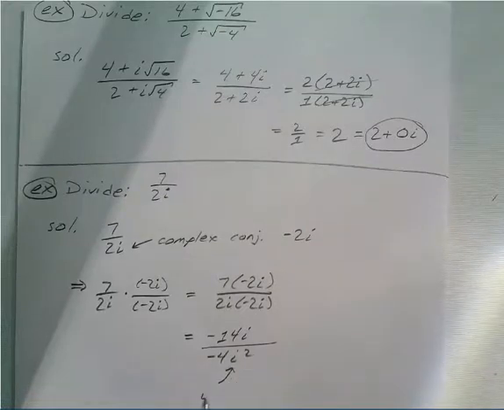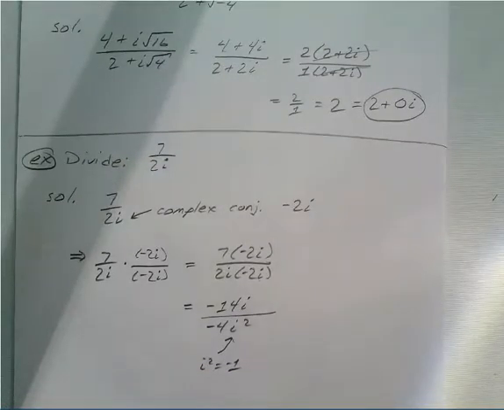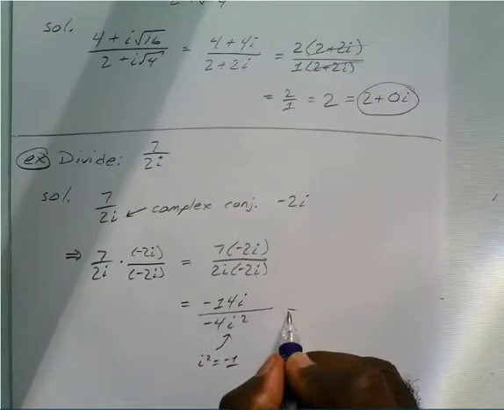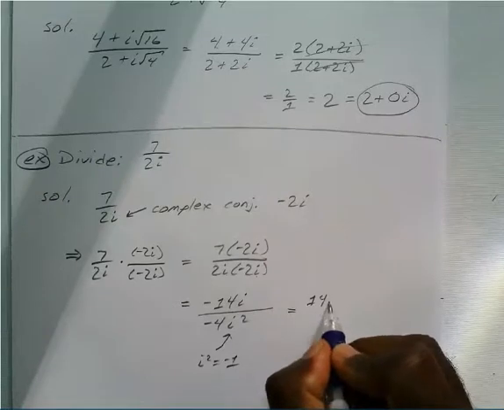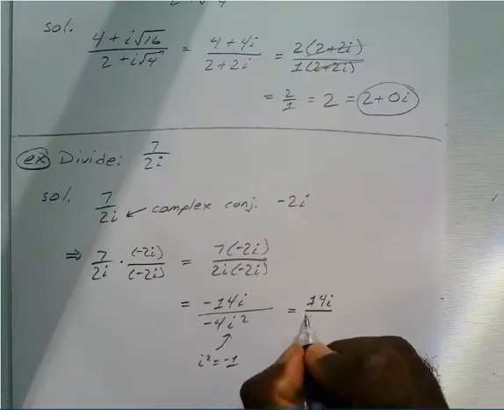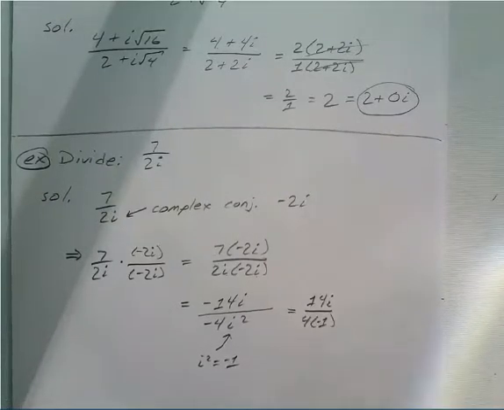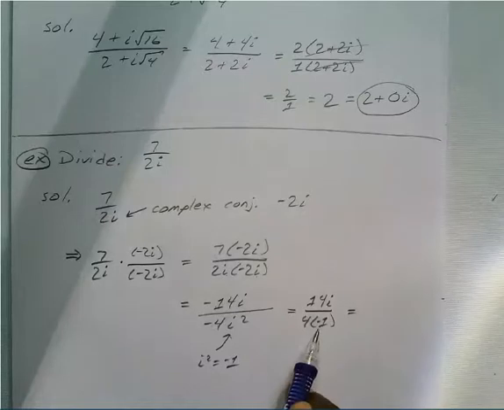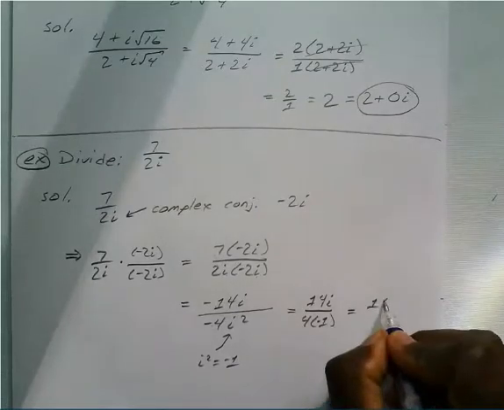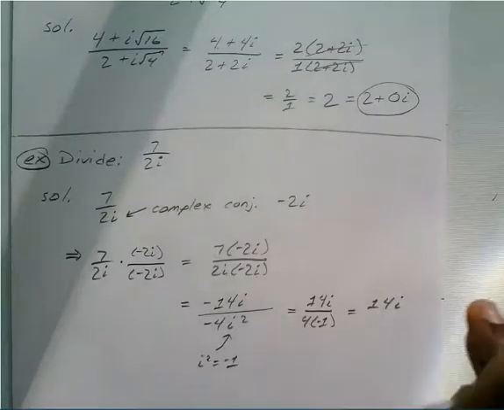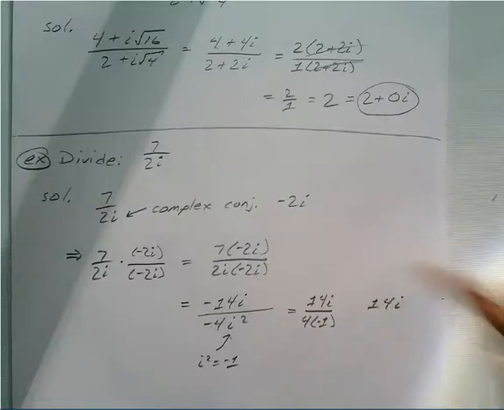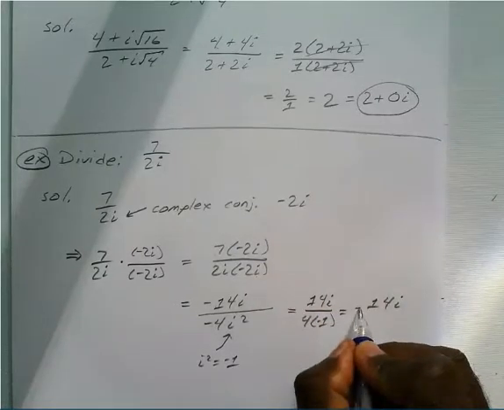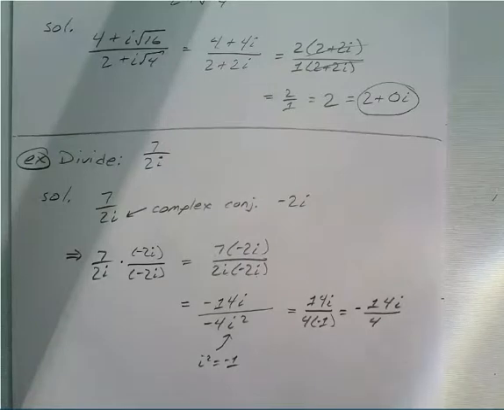And remember, your i squared equals negative 1. So you end up with 14i over 4 times negative 1, because negative divided by negative is positive. But that negative 1 at the bottom makes that 14i over negative 4, but we can bring the negative in front, over 4.